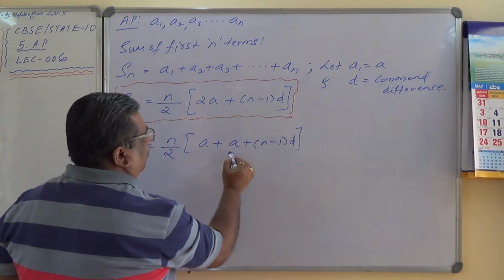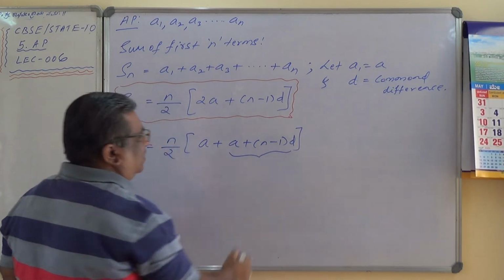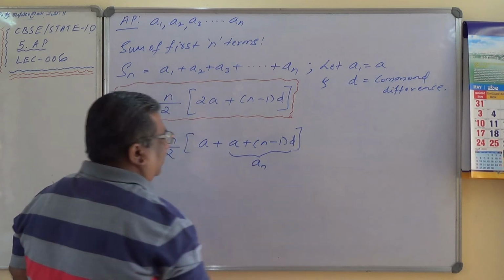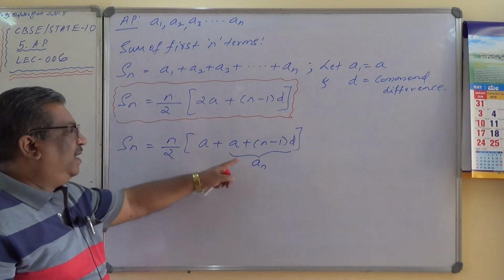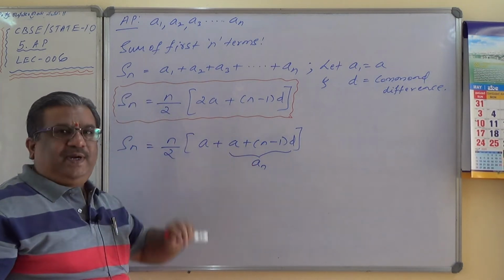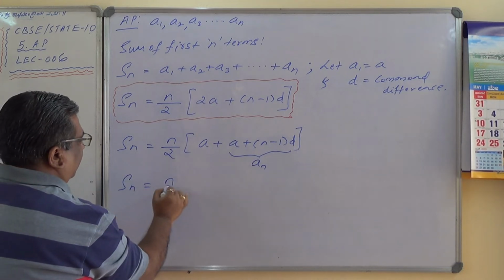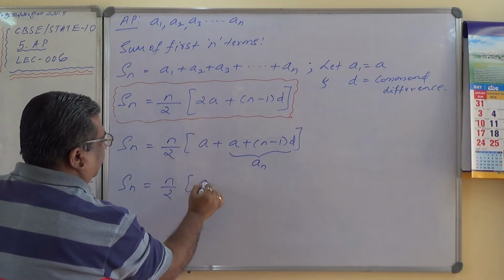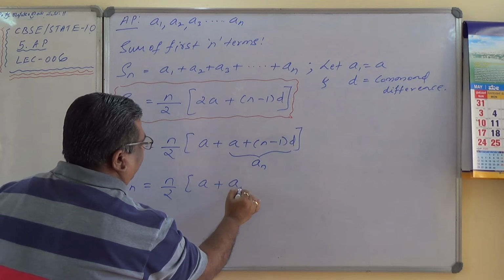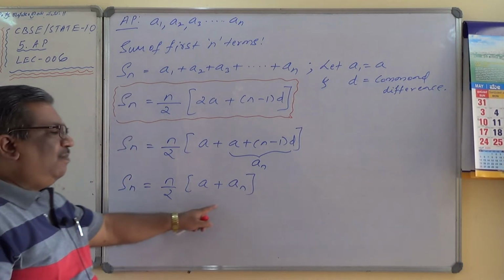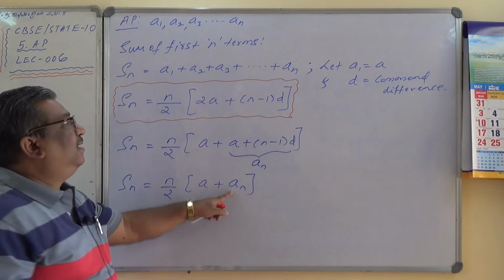Now already you know that this part represents the nth term, which is an. Is it not? We have studied in the beginning, an equals a plus n minus 1 into d, and therefore Sn is given by n by 2 into bracket a plus an. Dear students, you must remember an here is the last term.